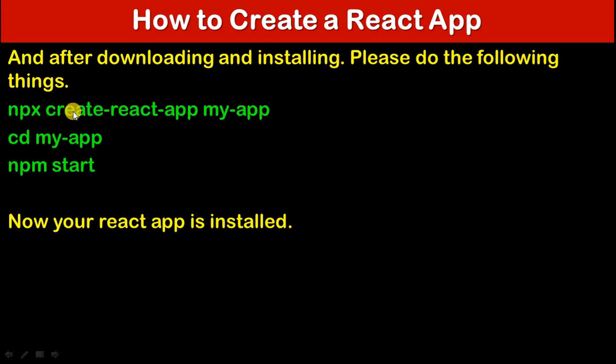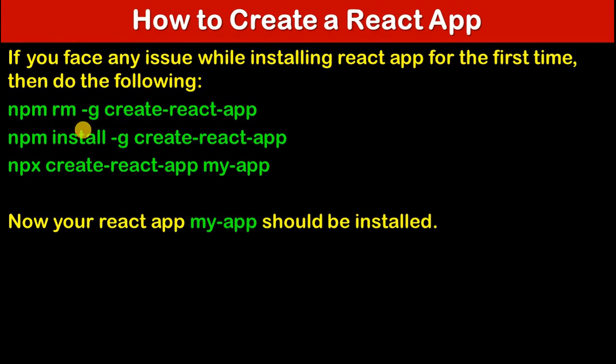If you face any issue in installing your React app, it means your create-react-app command is not properly installed, or it might be installed in another location and you are creating your app in a different location.